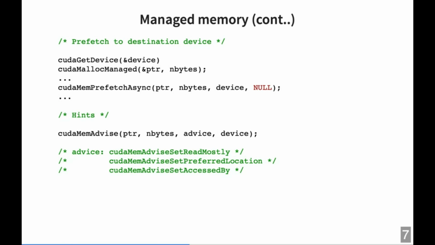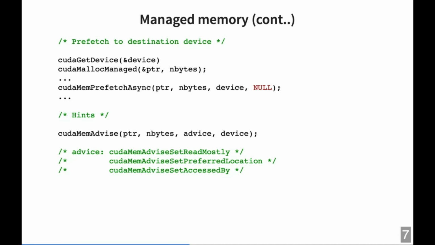There is another mechanism to provide hints to the CUDA runtime about what is going to be the pattern of accesses to particular memory. So this is cudaMemAdvise, and there are some special values associated with this advice argument.